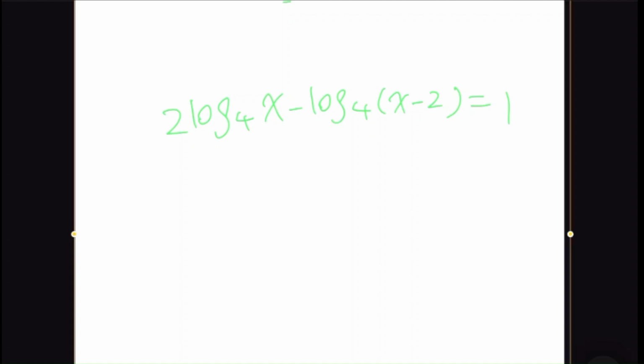Solve for x. Why is my thing so slow? Maxwell, sorry, you missed the update we had just done.